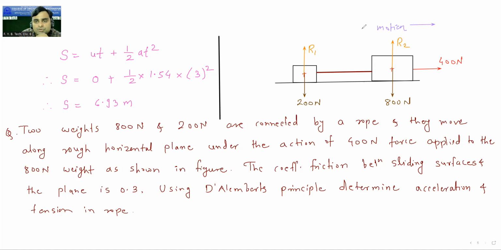So frictional forces will be opposite to the direction of the motion. So this is the frictional force for first block. This is the frictional force for second block. So let us say that this is F1, this is F2. And the inertia force obviously is opposite to the direction of the motion. So the inertia force will be in this way here.